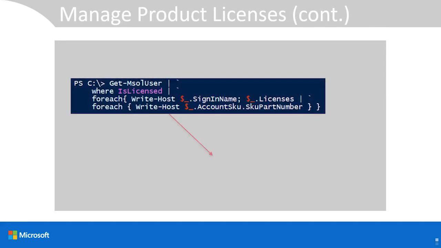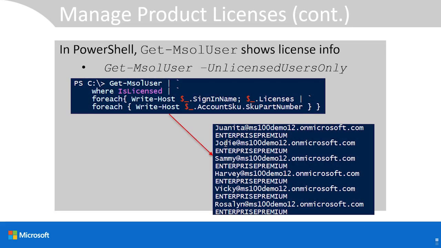Licensing information can also be managed with PowerShell. For example, the Get-MsolUser commandlet retrieves product licensing as part of the user data it returns. The image on the screen shows an example where the results of the Get-MsolUser commandlet are filtered for only licensed users, and then for each user, their sign-in name is written to the console, their licenses are enumerated, and each license SKU is written to the console.